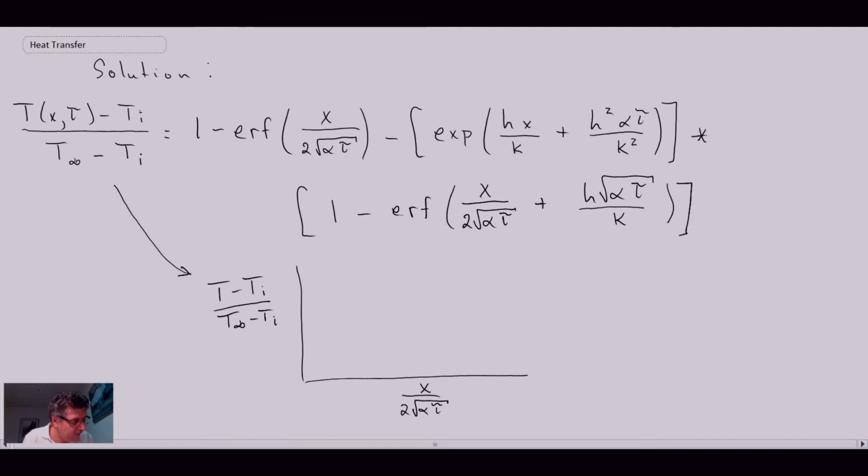or it could be 2 root alpha t if I pull the 2 inside of the square root symbol. And then what we do is we plot this as a function of different values of time, the convective heat transfer coefficient, thermal diffusivity, and the thermal conductivity of the solid. And so that is represented with this variable.